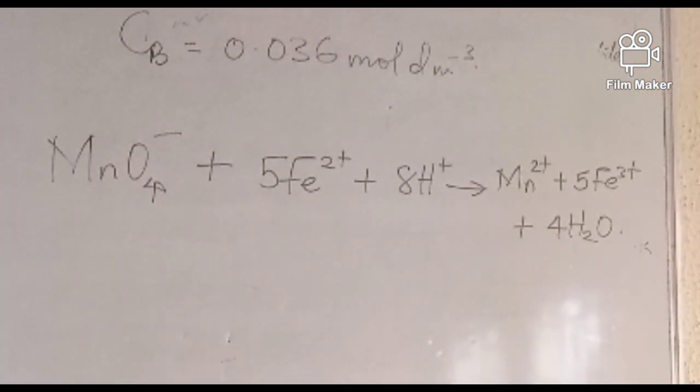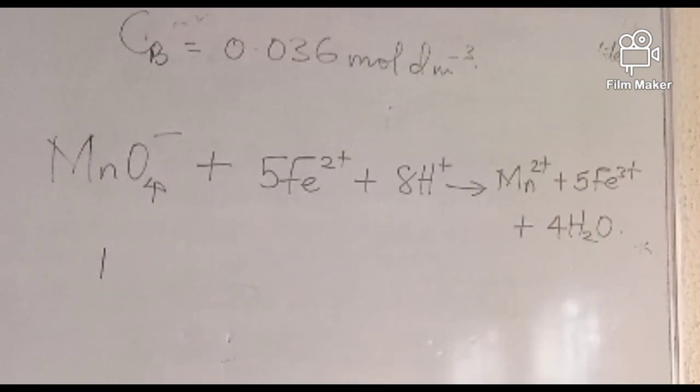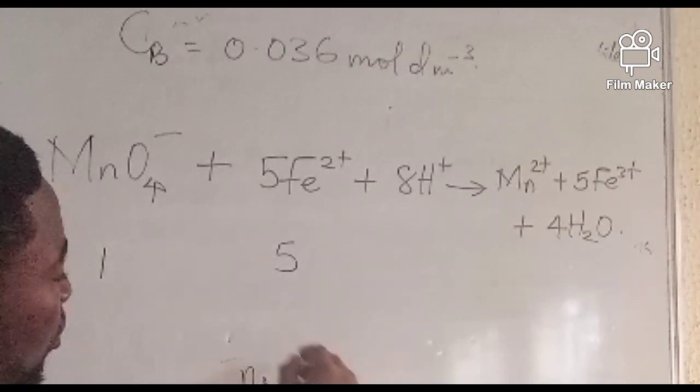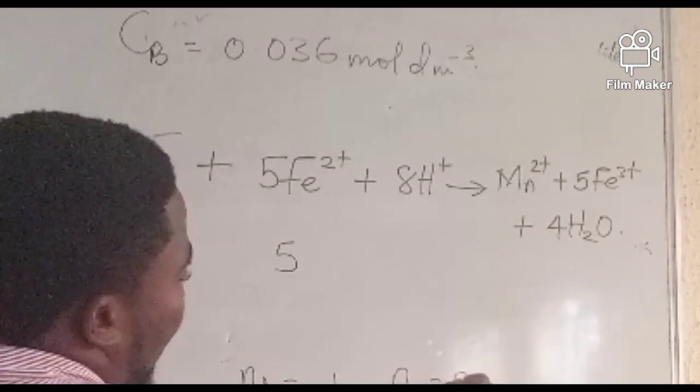From here you can see that 1 mole of the oxidizing agent reacted, and then 5 moles of the reducing agent, which is the iron 2 ion, reacted. So that means our Na in that equation will be 1, and then our Nb will be equal to 5.